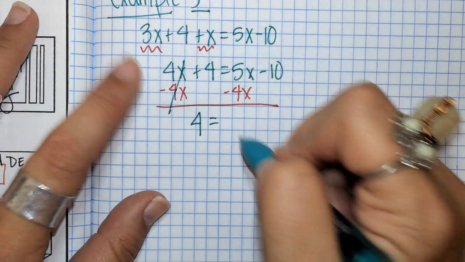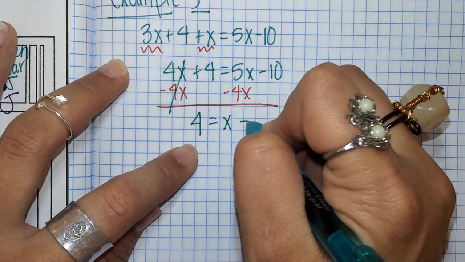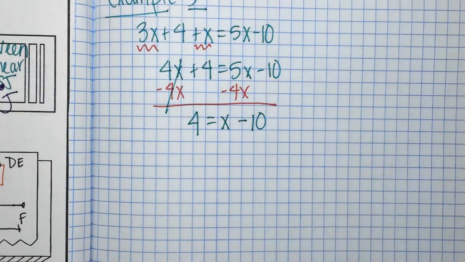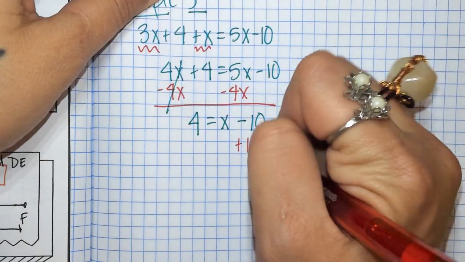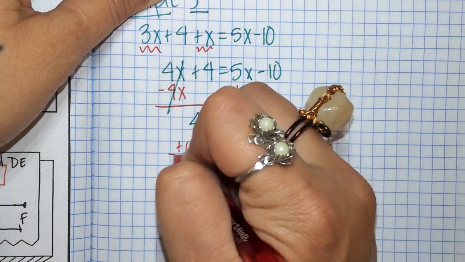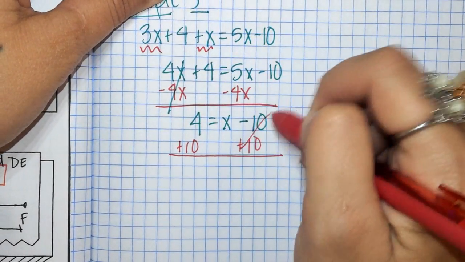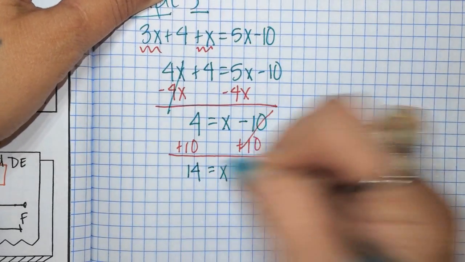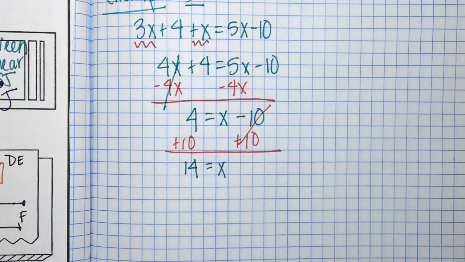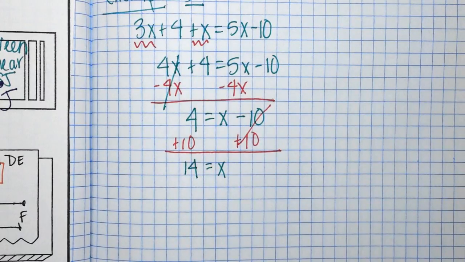What's 5x minus 4x? Now what would I do? Add 10. And what does x equal? Now, did we do everything the question asked us?